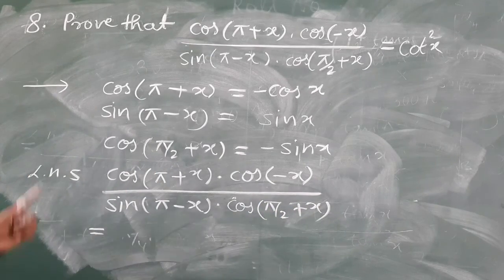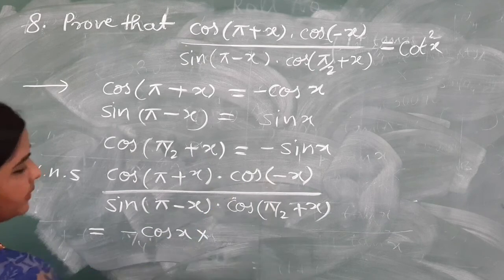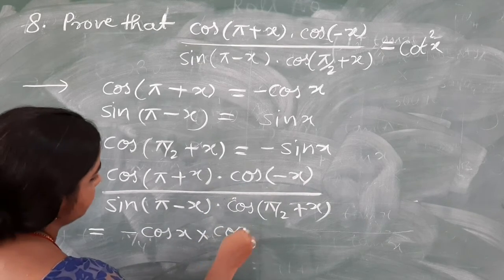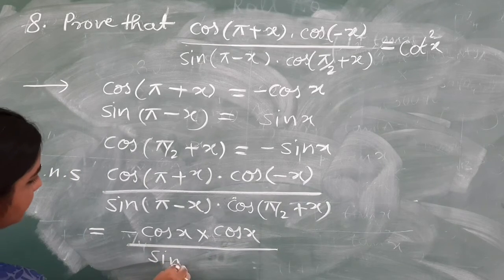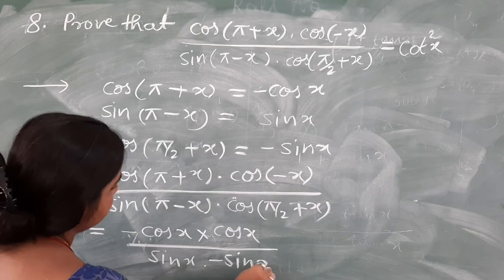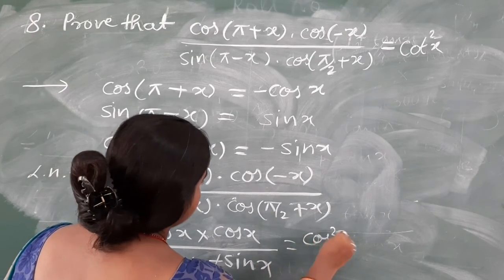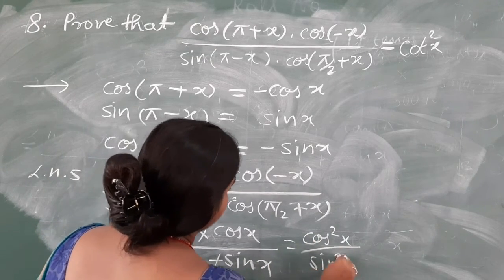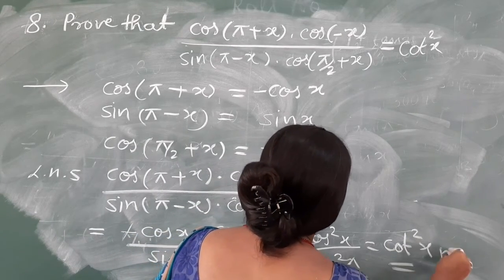So directly I am applying cos(pi plus x), that is minus cos x, and we know that cos of minus x is cos x, by sin(pi minus x), that is sin x, into cos(pi by 2 plus x), that is minus sin x. So here we have cos square x by sin square x. So that is cot square x, and this is the RHS.